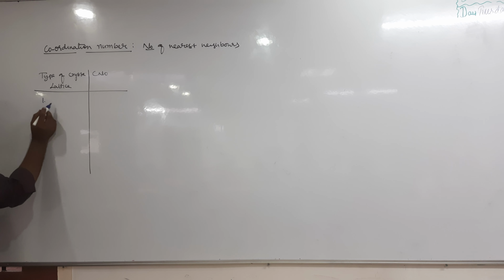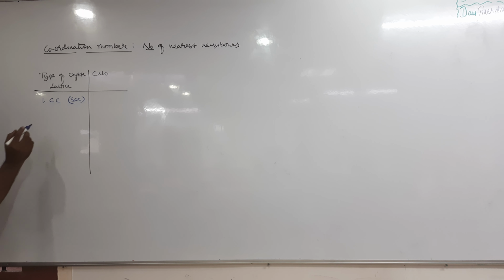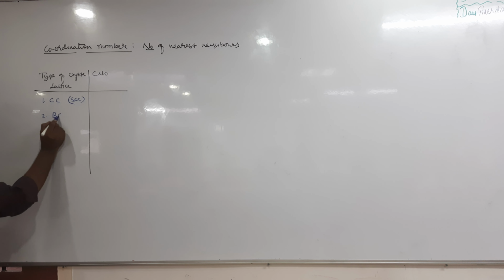Generally simple cubic crystal can be written as SCC, simple cubic crystal. Second one is BCC. What is a BCC? Body centered cubic crystal. Third one is FCC, also called CCP. Fourth one is HCP. What is HCP? Hexagonal close packing.